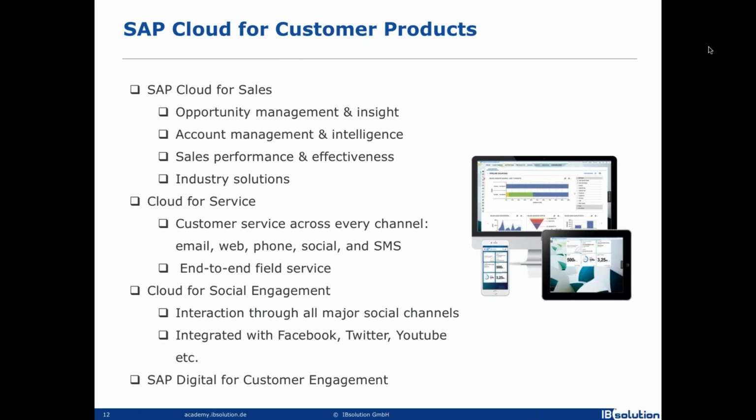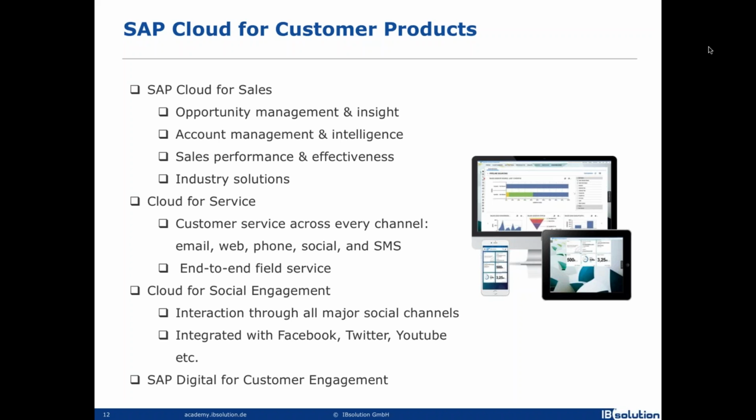Okay, speaking of Cloud for Customer, Cloud for Customer is comprised of 3 products. Cloud for Sales, which covers opportunity management, account management, sales performance, and so on, industry solutions related to the sales area.